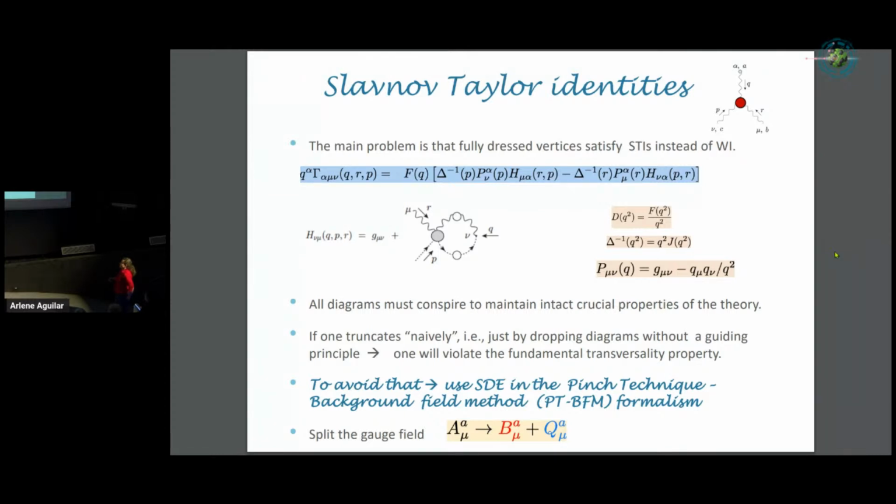And this one is going to respect a Ward-Takahashi identity because it transforms like an abelian field, and this one respects a Slavnov-Taylor identity. And these are always in the external part of my diagrams.